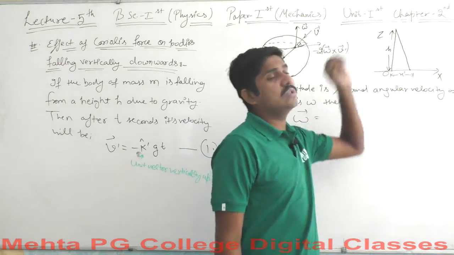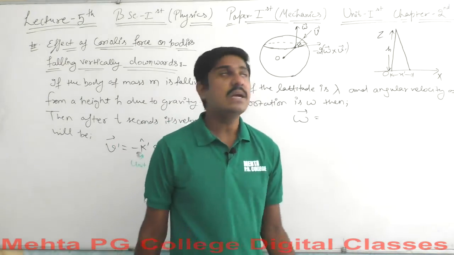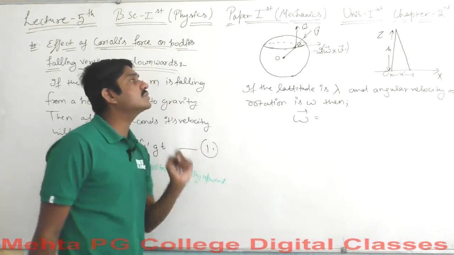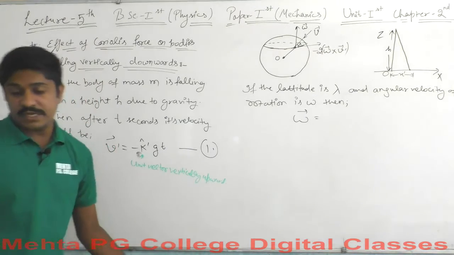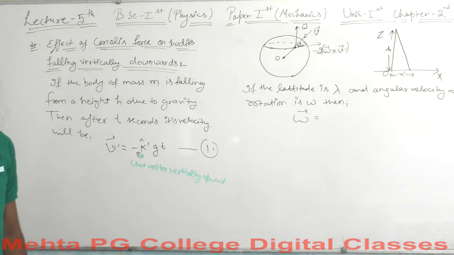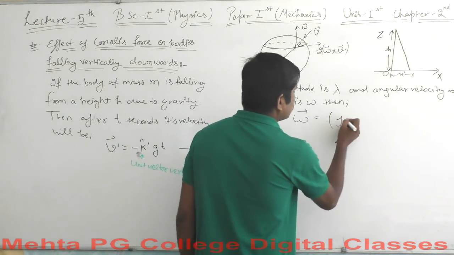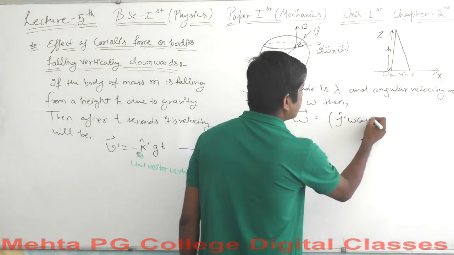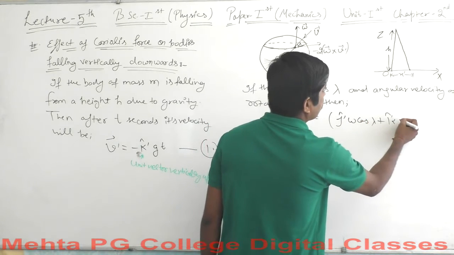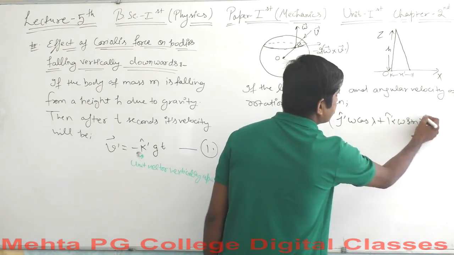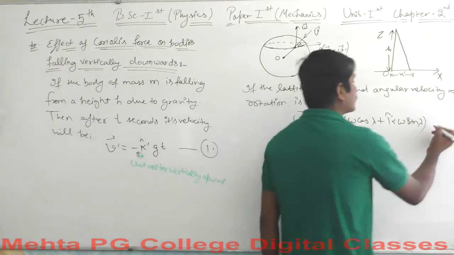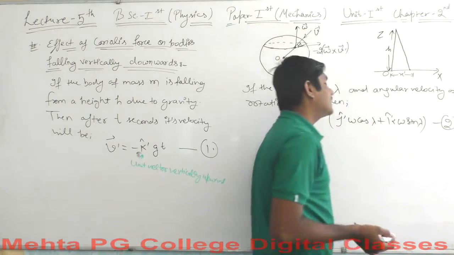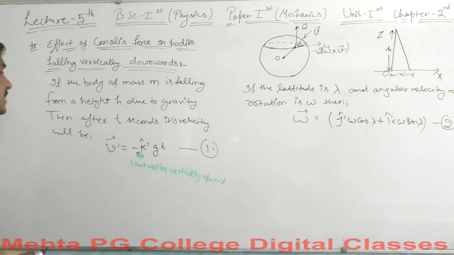Let's say this is the direction for z, the minus k cap, and for the direction y, which belongs to the center O, we take the component of j cap here. So that value will be equal to j dash cap omega cos lambda plus k dash cap omega sine lambda. This is equation 1 here, and we need this particular equation, so let's call it equation 2. So we got two equations here.